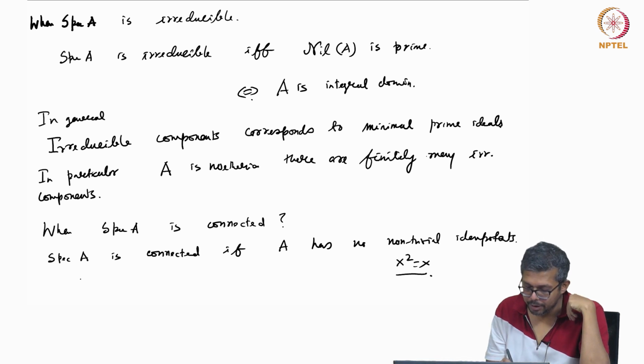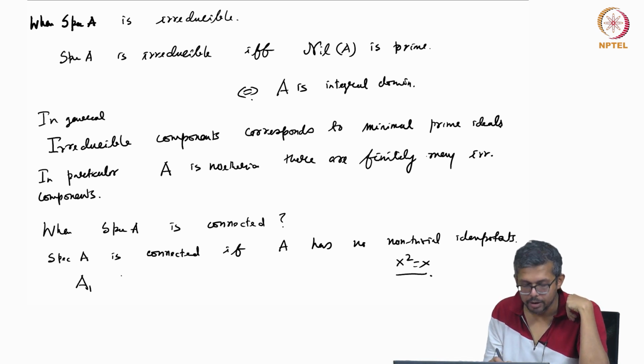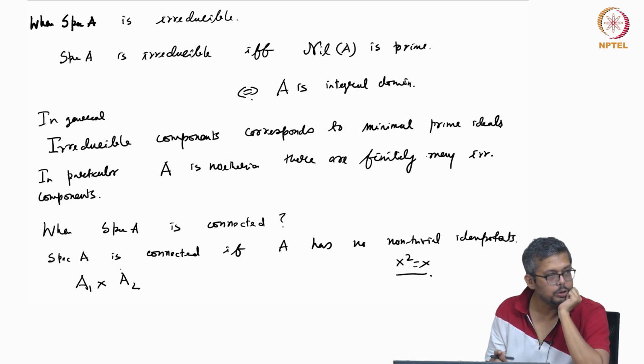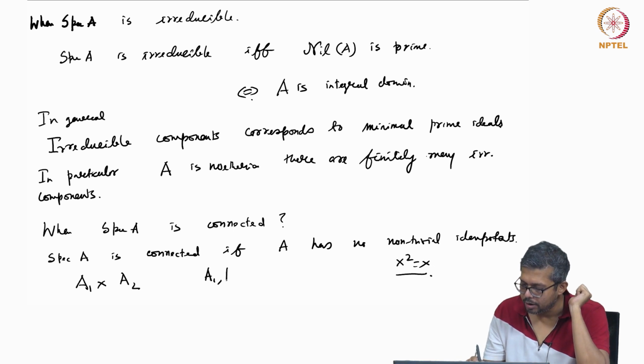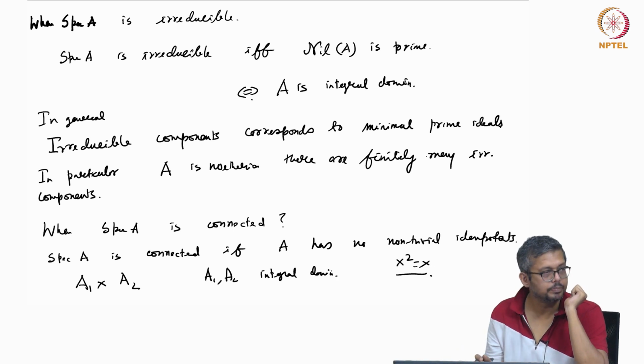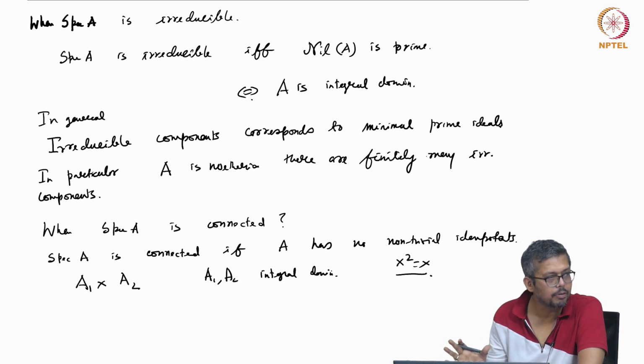So for example, suppose A1 is an integral domain, and A2 as well, and you take A1 cross A2, the direct product ring. A1 and A2 are integral domains, so Spec of A1 and Spec of A2 are irreducible.